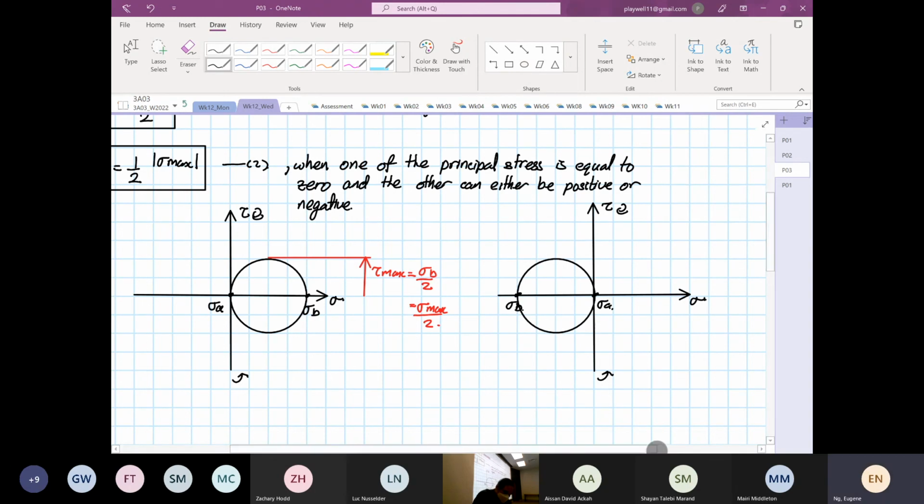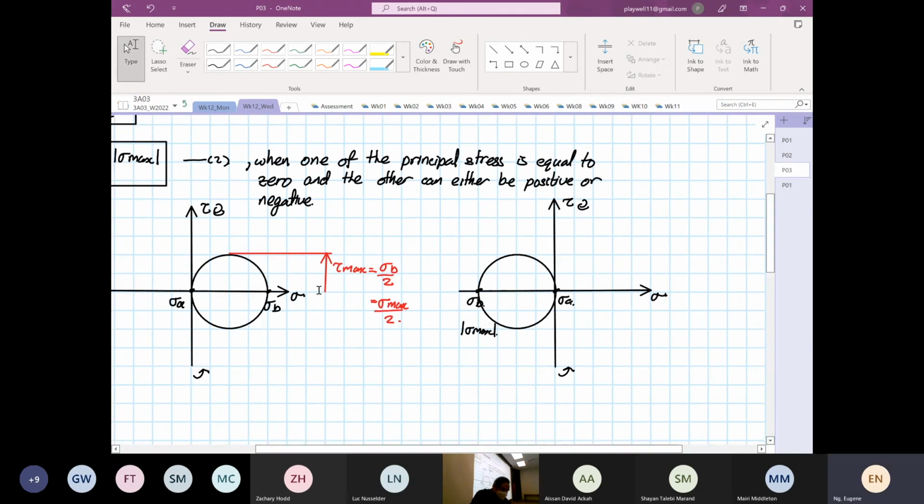So I'm going to call this an absolute value of stress max. Right? By right, we should call it stress minimum, but we're going to call it absolute value. Okay? So for this case, the formula is still the same. Right? You can see the relationship now. Why they put absolute value.